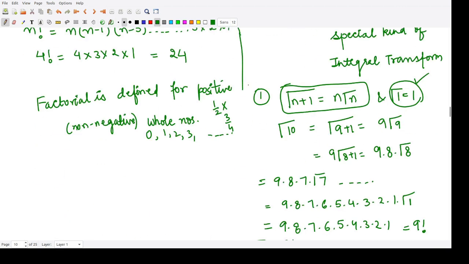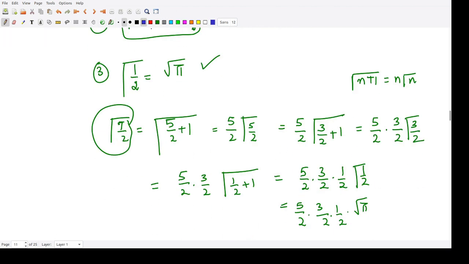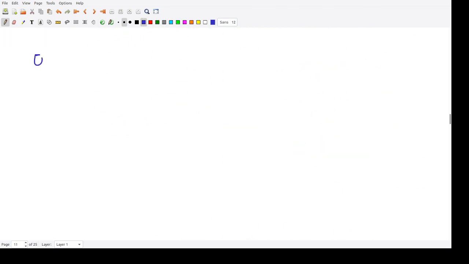Suppose we look at one example. The question is, find the Laplace transform of t to the power 5. Now because 5 is a positive integer, its formula would be 5 factorial divided by s raised to power 5 plus 1.